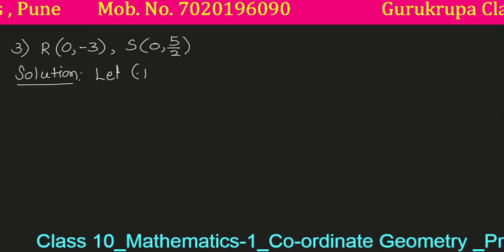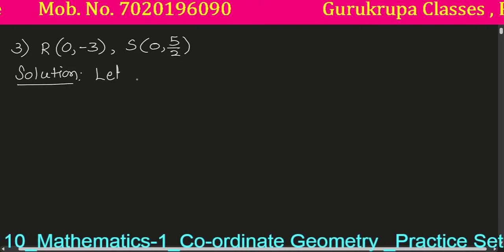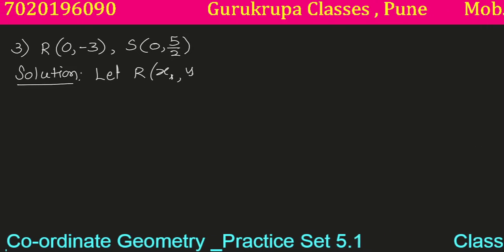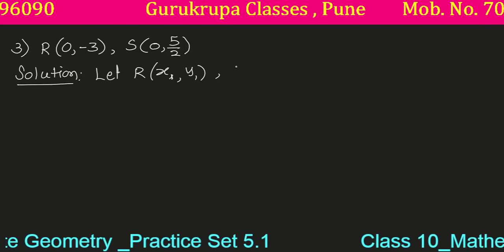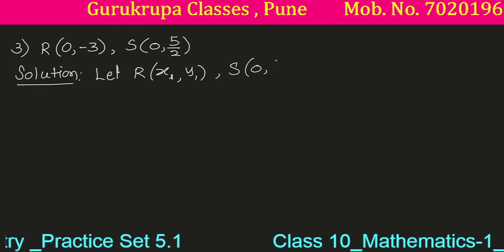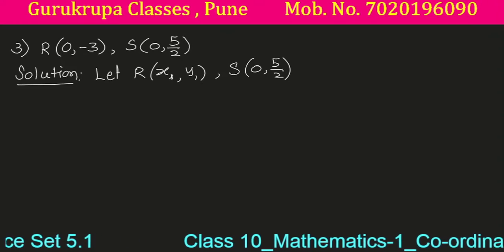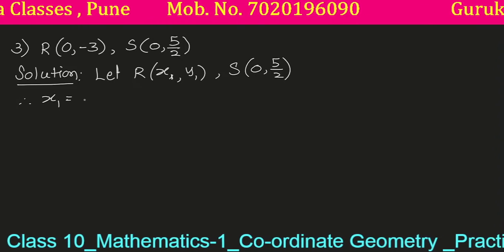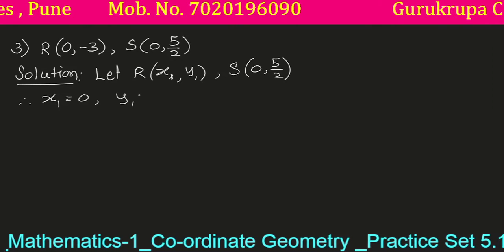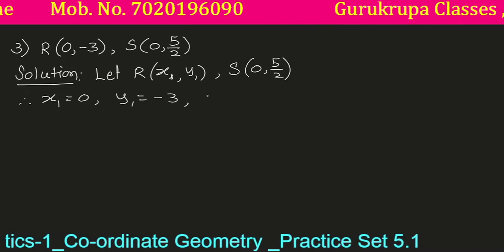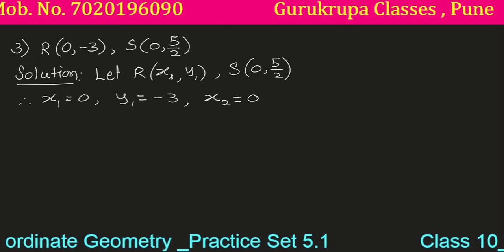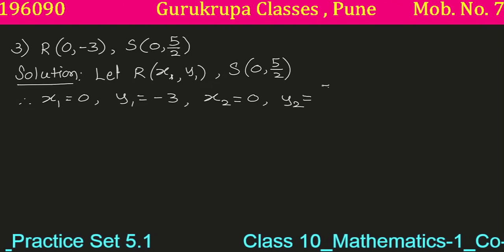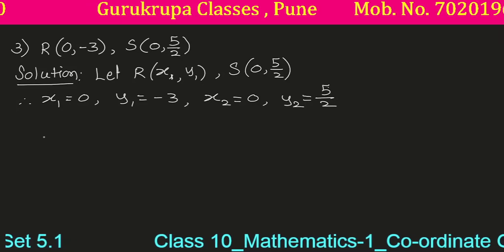So here we can write: let point R have coordinates (x1, y1), and point S have coordinates (0, 5/2). Therefore x1 is 0, y1 is equal to -3, x2 is again 0, and y2 is equal to 5/2. So these values we get.